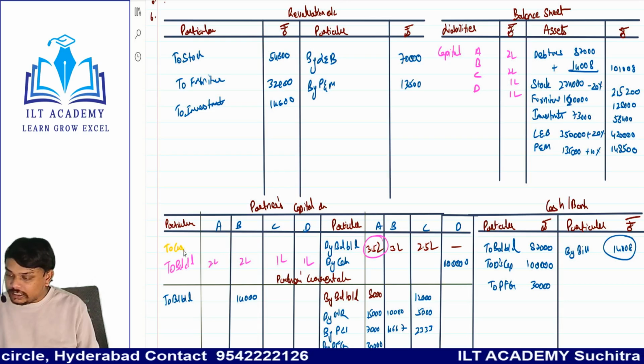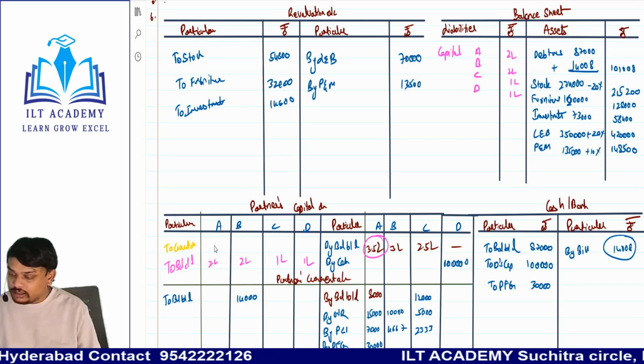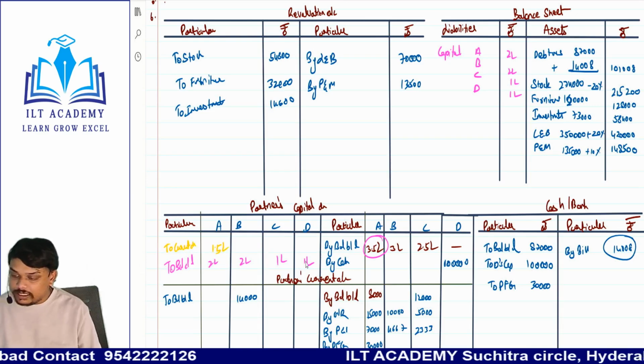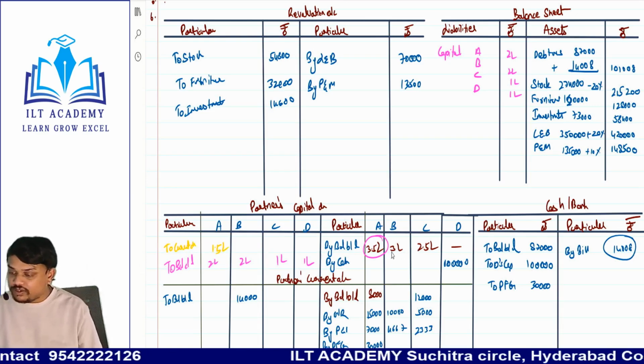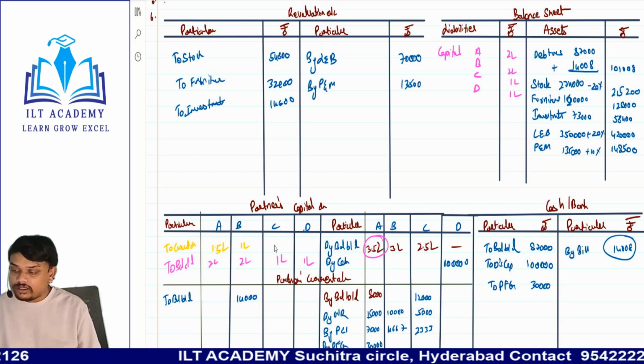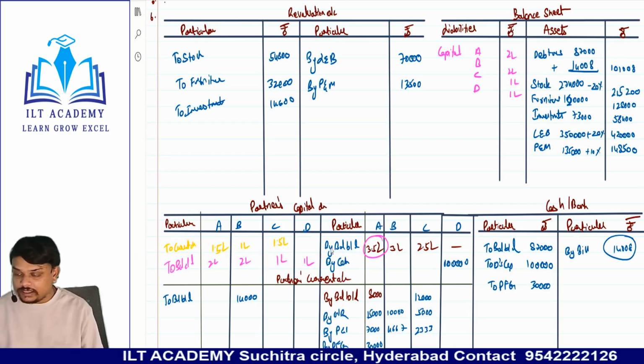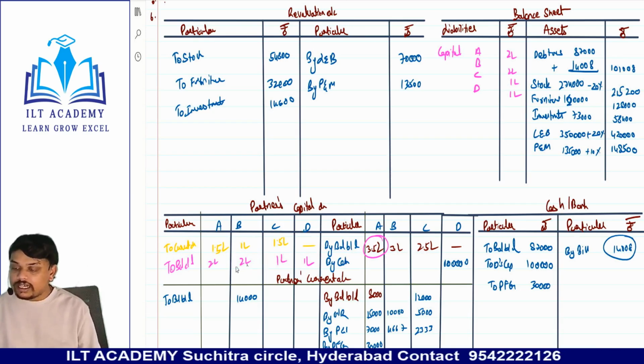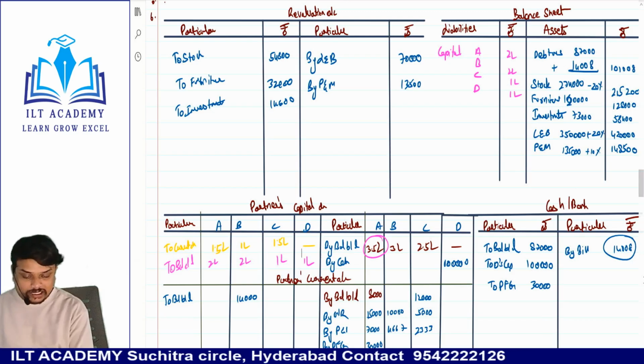So current accounts now 1.5 lakh, and B is also having an extra of 1 lakh, and C is having 1.5 lakh. Here these are going to be charged to current accounts.